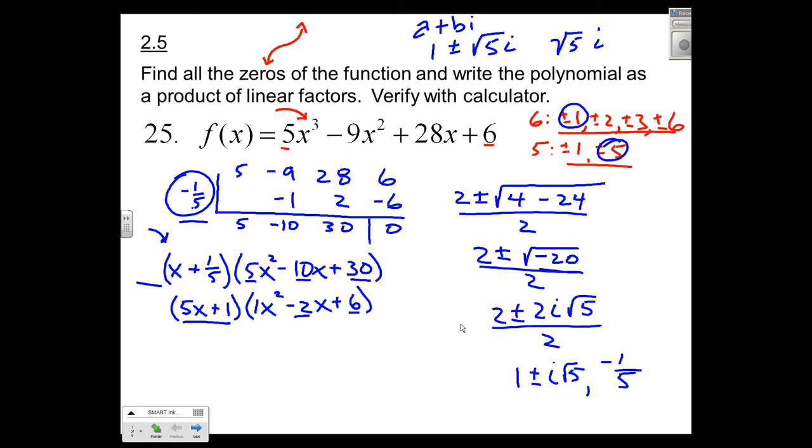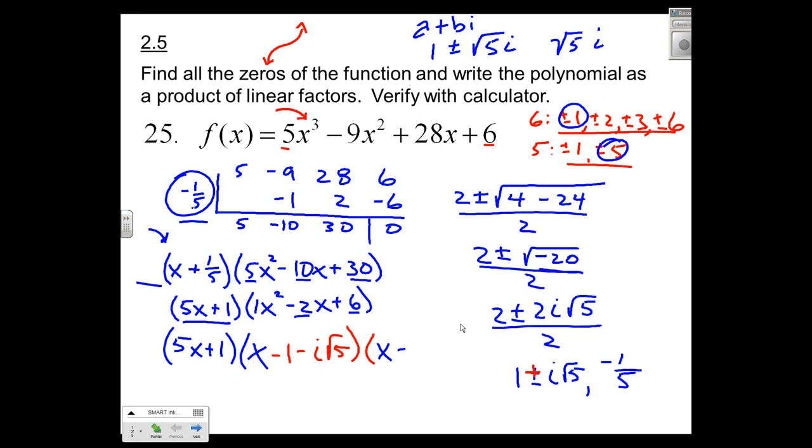And my linear factors become 5x plus 1 times x minus this guy, 1 minus i root 5. So that is x minus 1, distribute, minus i root 5, times x minus this guy.